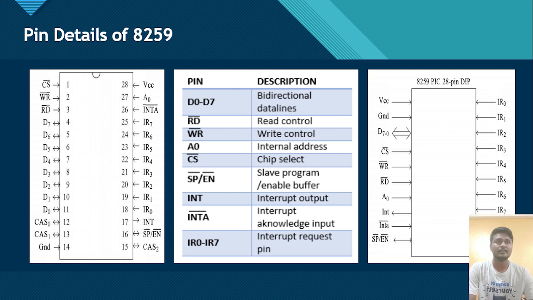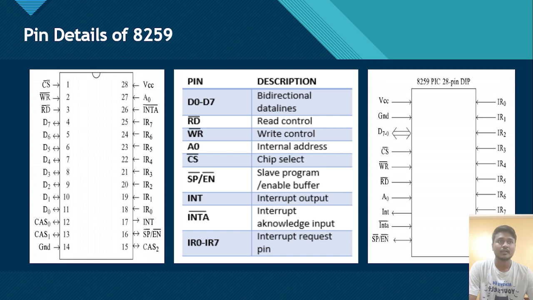So here we can see that the first pin is chip select and the last pin is CS2. Now 8259 is a 28 pin IC. The leftmost one is the number wise pin diagram, whereas the rightmost diagram on the screen is the DIP.